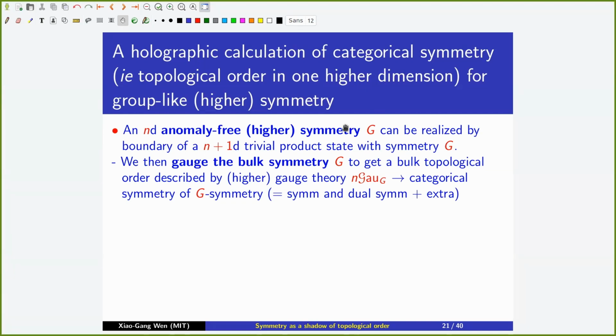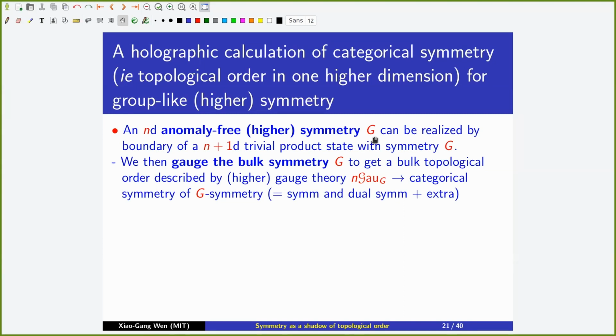And there's one simple situation. Suppose we have an anomaly free symmetry described by a group G, or some higher group, or higher symmetry, something like that. Then how do we compute this categorical symmetry? Because we have an anomaly free symmetry, we can view this system with anomaly free symmetry as a boundary of a trivial product state.